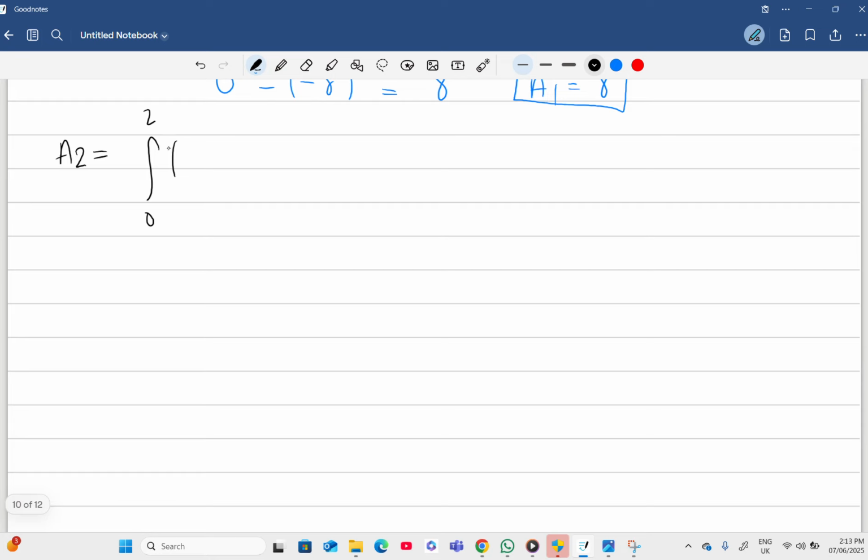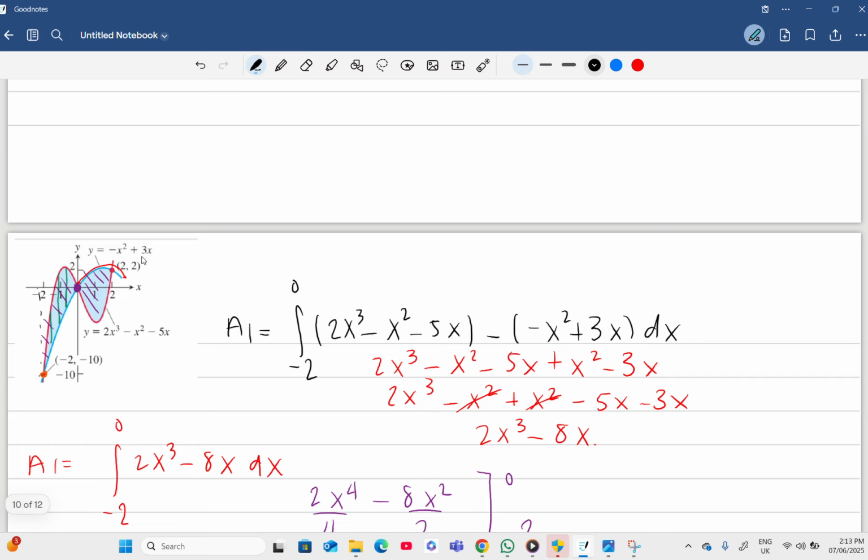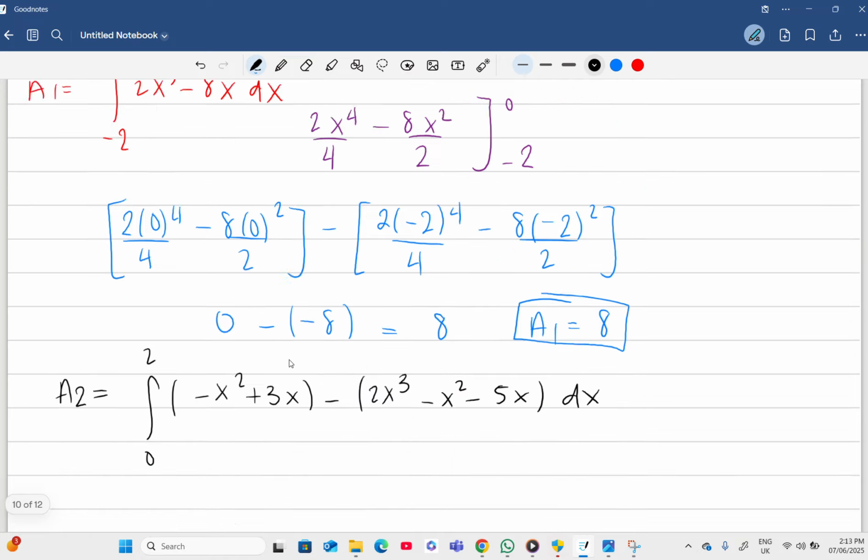And then we are going to flip the functions, so it's going to be negative x squared plus 3x minus 2x cubed minus x squared minus 5x dx. Because in this one, as we can see here, the blue line, I covered it in red, but you can see it here, the blue line is on top of the red line, so it's the one that's higher. So I'm going to put it in first.